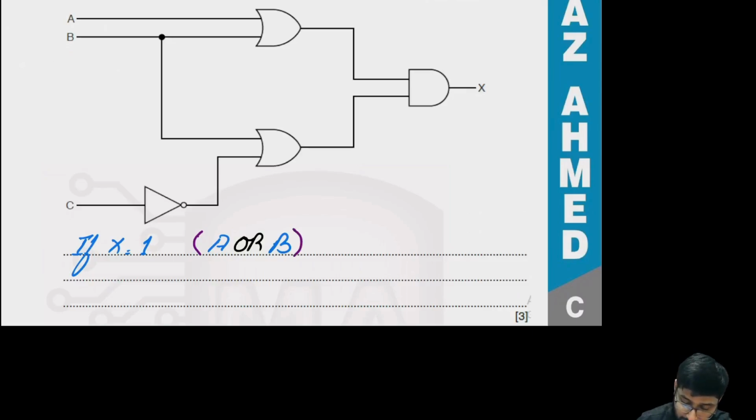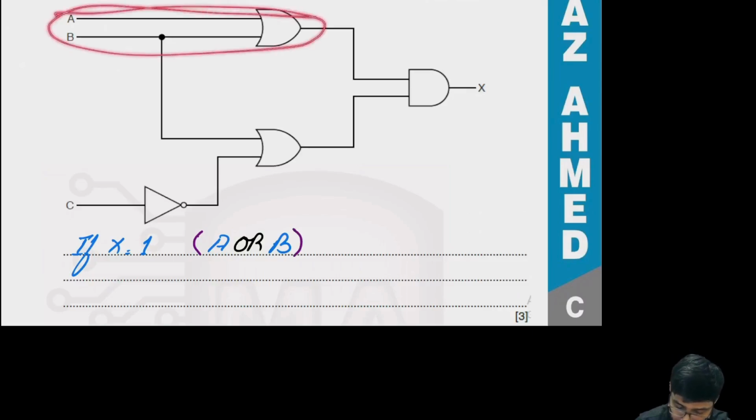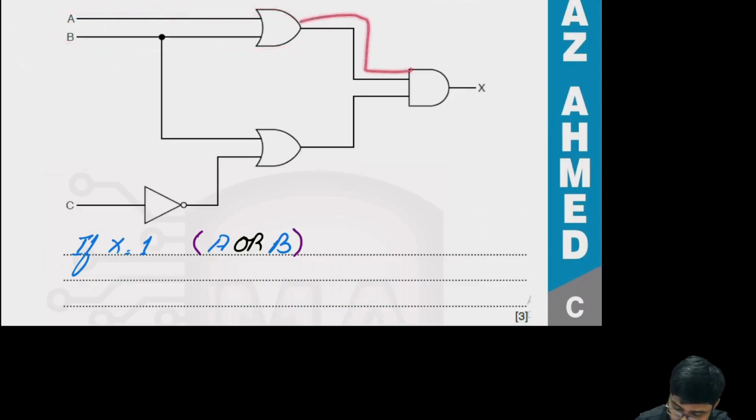Okay, now in this case we reached this place. We are done with this part. Now we can see that this output is going into the last gate. That's an AND gate right over here. So we will write AND right over here. Now what is the other statement for the AND, or where is the other input of the AND? The other input of the AND is coming from this OR gate.